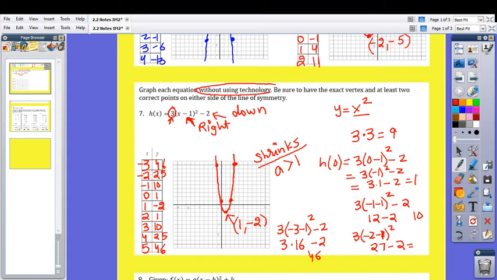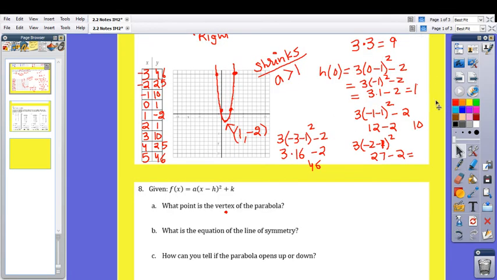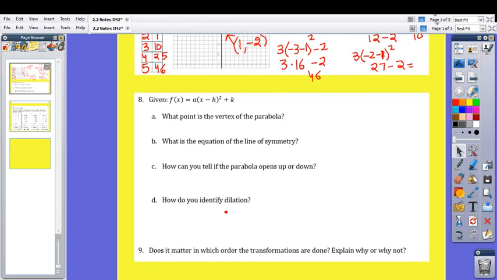Now let's do the next one, and this is just summarizing the work that we did. So let's do that. Okay, so again, like we told before, this is the standardized equation in vertex form.